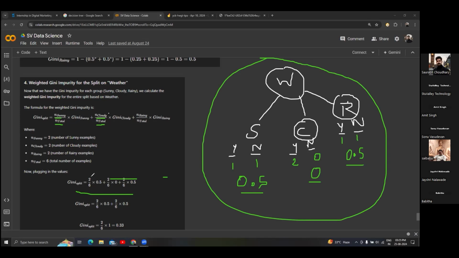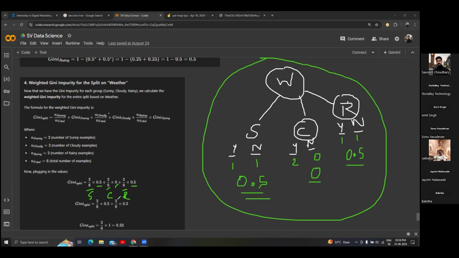So if you apply this, you will find that it is 2 by 6 multiplied by the Gini impurity of sunny, plus the probability of cloudy multiplied by its impurity, plus the probability of rainy and the Gini impurity of rainy.